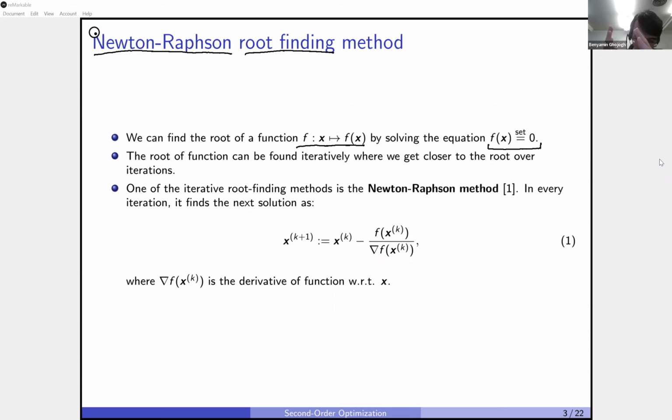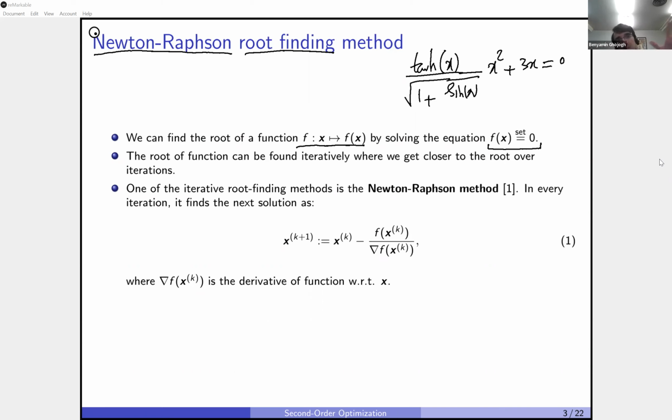However, the function might be complicated, for example hyperbolic tangent of x over 1 plus sine of x, or x squared plus 3x equals 0. How can you find it in a closed form solution? Therefore, you have to do it iteratively. And one of the ways to find the root of a function is Newton-Raphson.